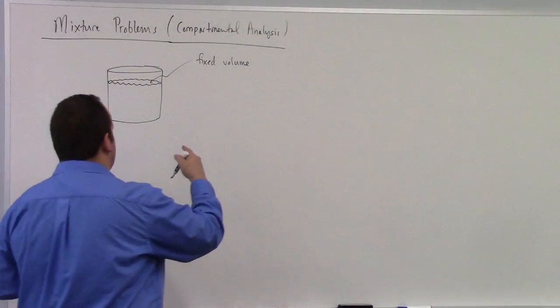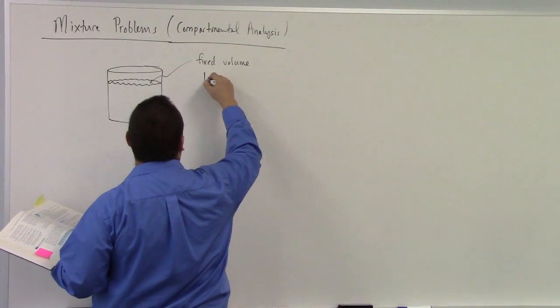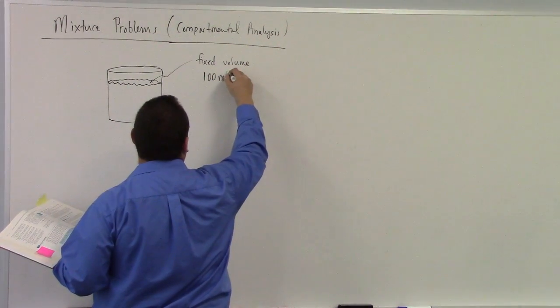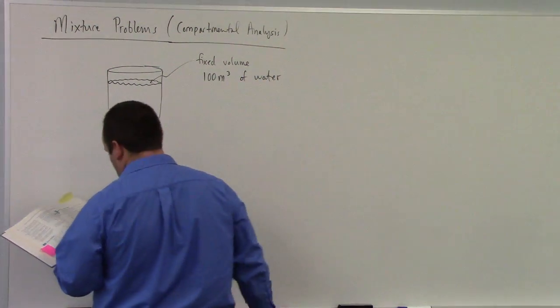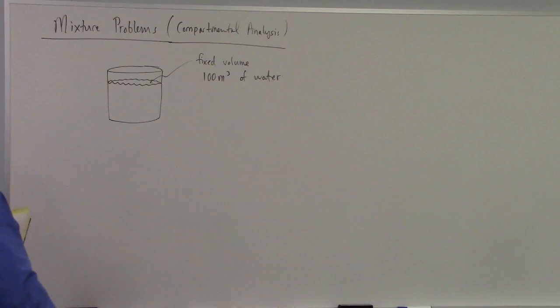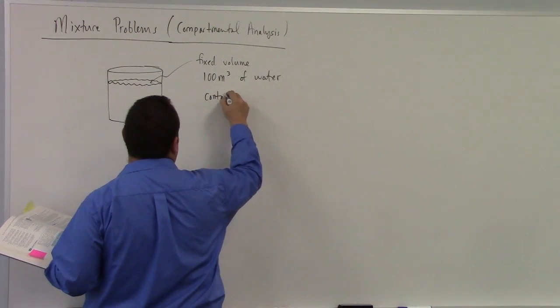So he has this mixing tank, fixed volume, 100 meters cubed, okay? Just to be specific. And the water contains a pollutant at a concentration of 0.6 grams per cubic meter. So here's the data we're given.